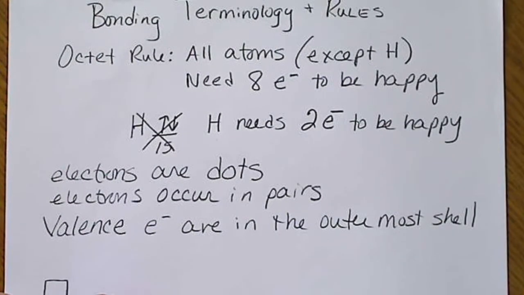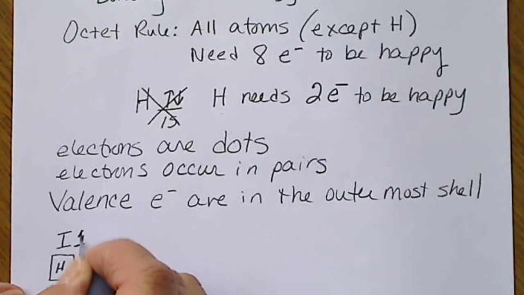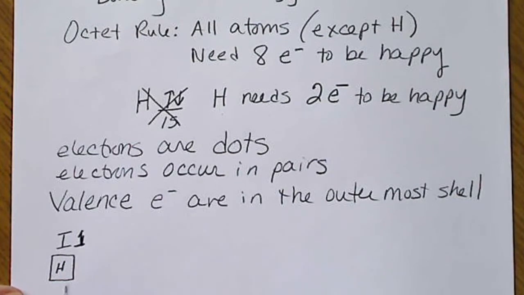So hydrogen is the only non-metal that we're going to be concerned about. Hydrogen is in column 1, and some periodic tables have the number 1 written above here, a 1 or a Roman numeral. So hydrogen has 1 valence electron. So we could write hydrogen like this.